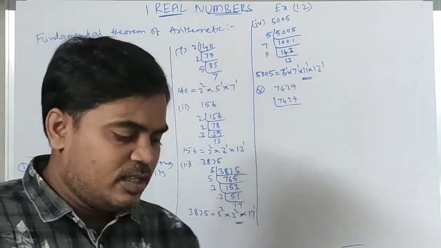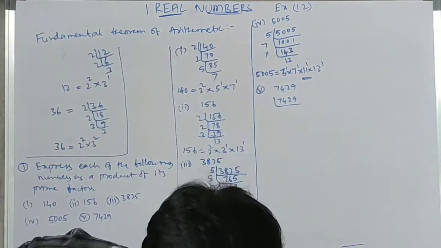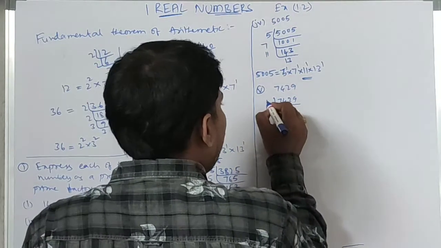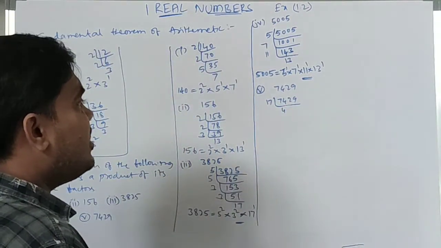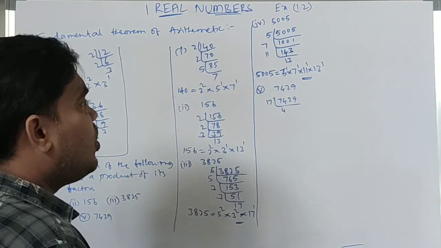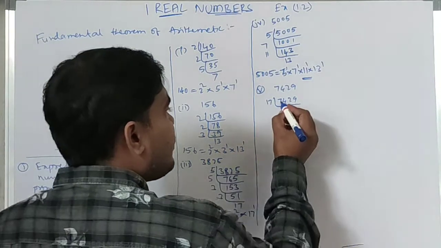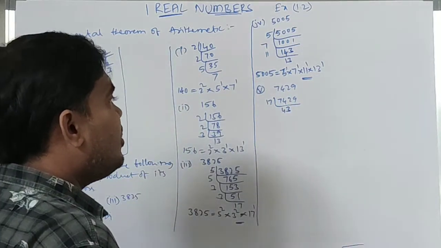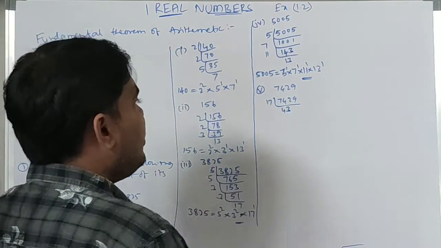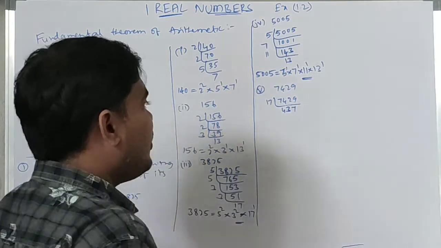I want to check for 17. 17 into 4, 68. 17 into 3, 51. 17 into 7, 119.